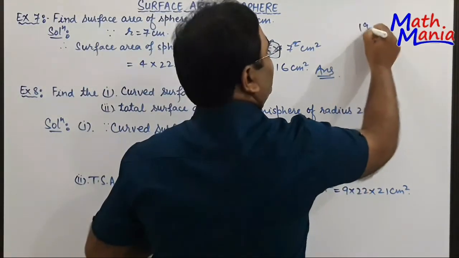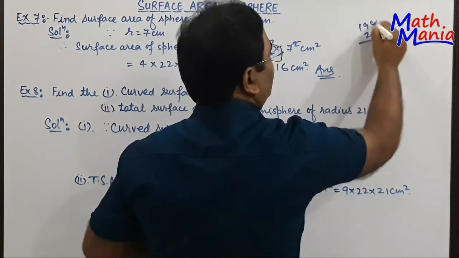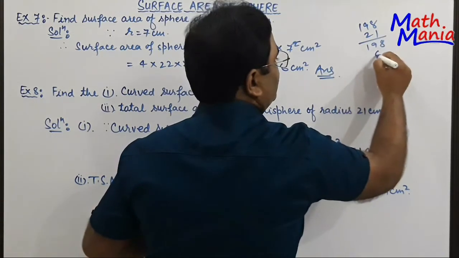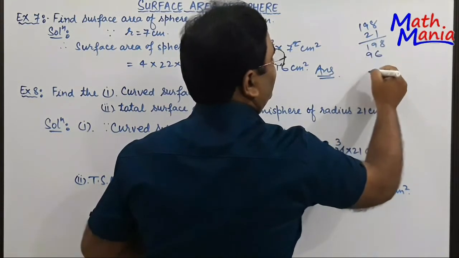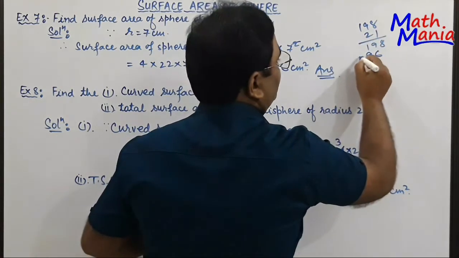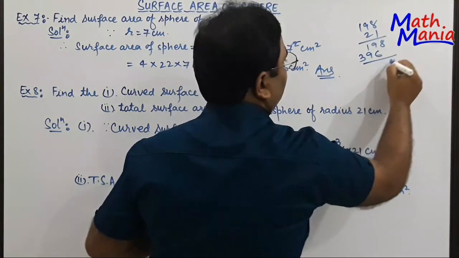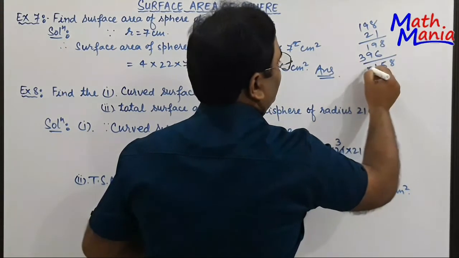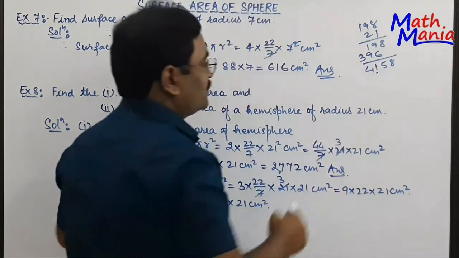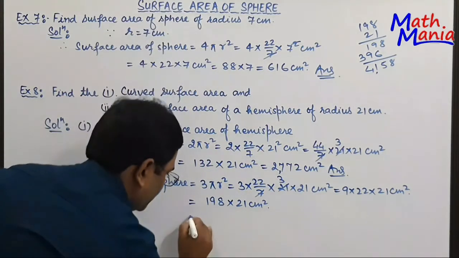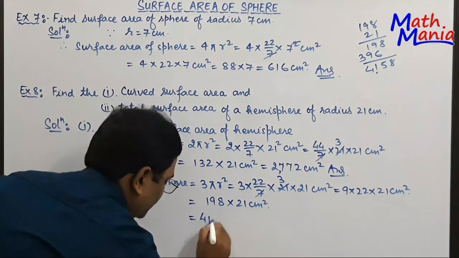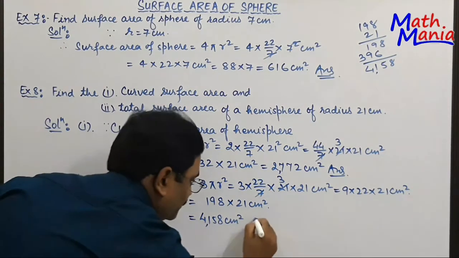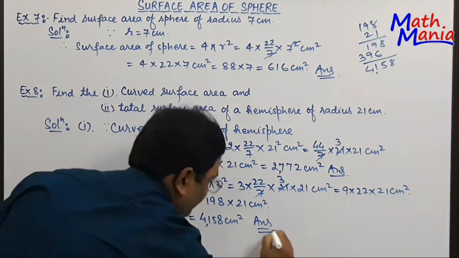So 198 into 21, 8 1's are 8, 2 8's are 16, 2 9's are 18, 19, 2 1's are 2, 1 3, 8 15 5, 10 1 11 and 4, 4158 centimeter square is the total surface area of that hemisphere.